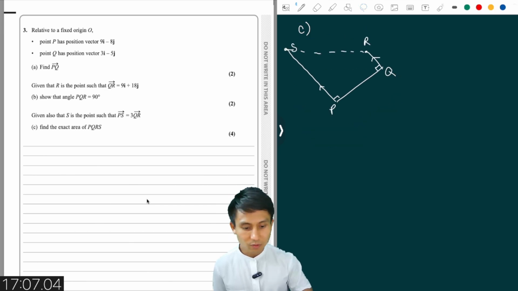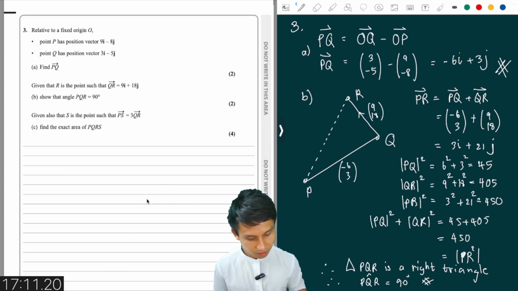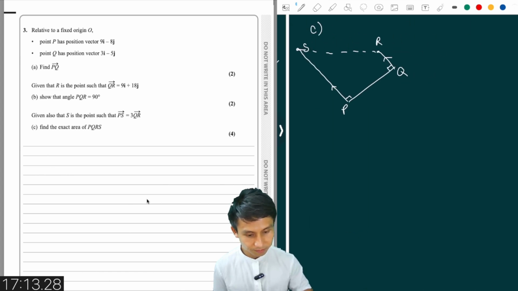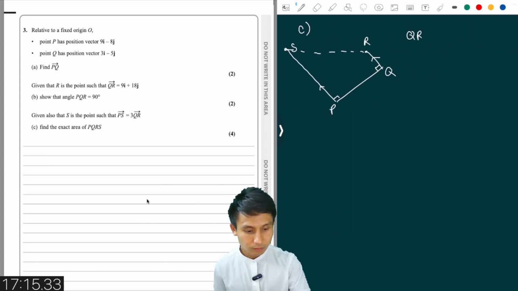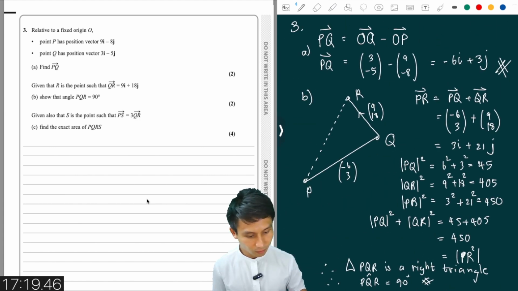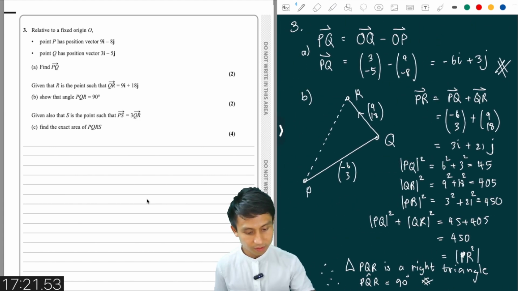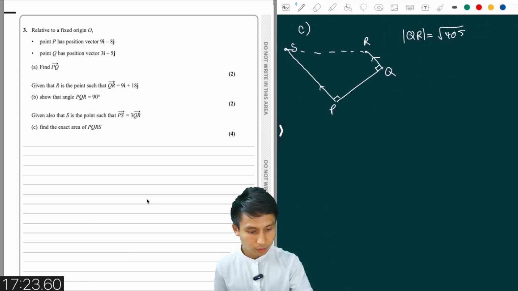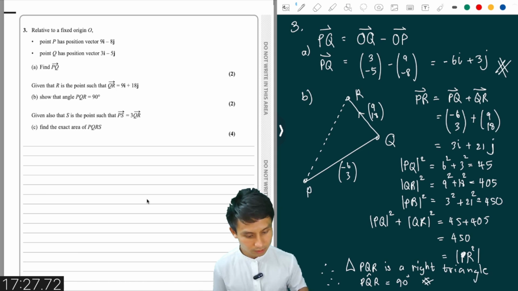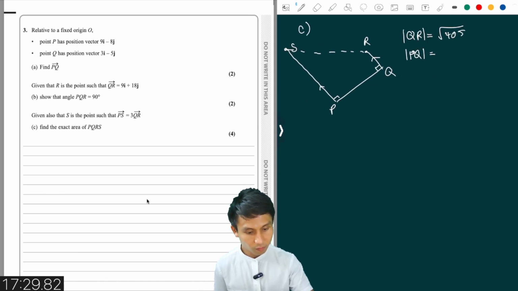So I think we already know most of them, like QR and PQ. So I'm just going to look here. QR is root 405, right? Yeah. And then PQ is root 45.